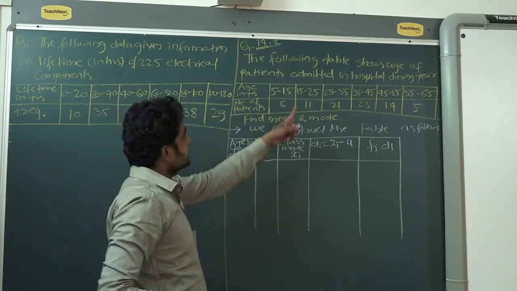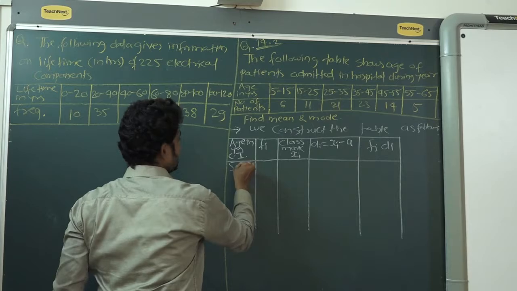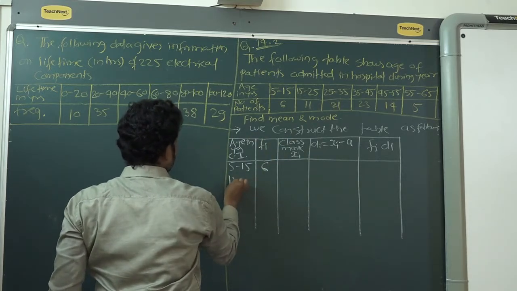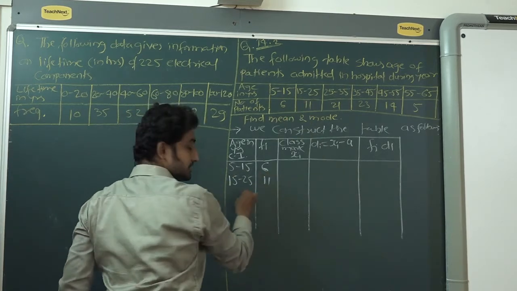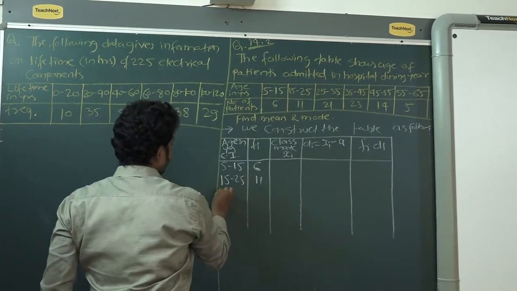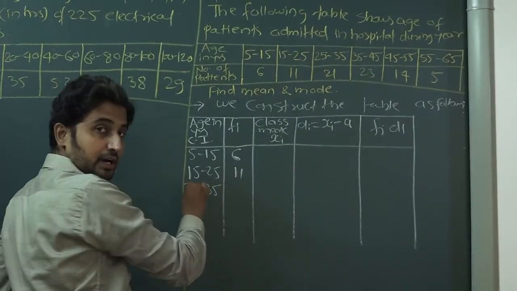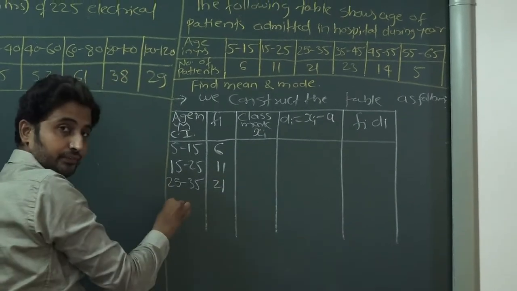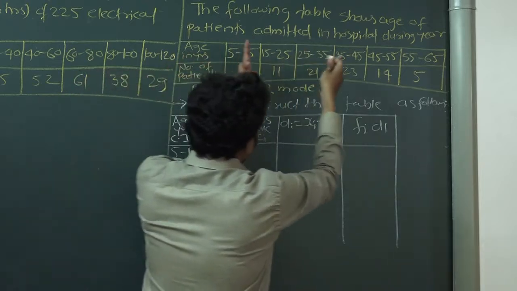So we will start with this 5 to 15. Its corresponding frequency is 6. 15 to 25, frequency is 11. 25 to 35, frequency is 21. Write the corresponding frequencies, and be very focused about this.